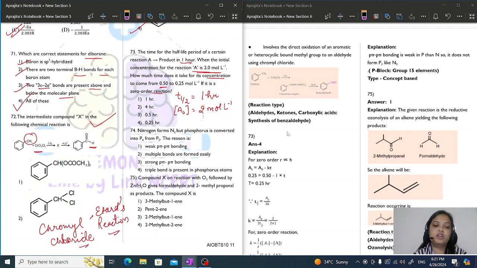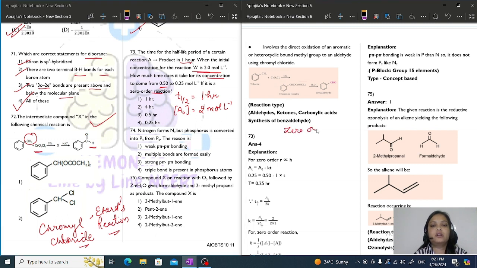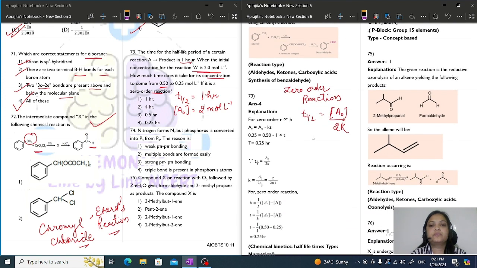So first of all, we know that for a zero order reaction, T half is A naught upon 2K, means the initial concentration upon 2K. So from here the value of K could be found out. So put the value, T half is 1, it's 2 upon 2K. So the value of K is coming out to be 1.